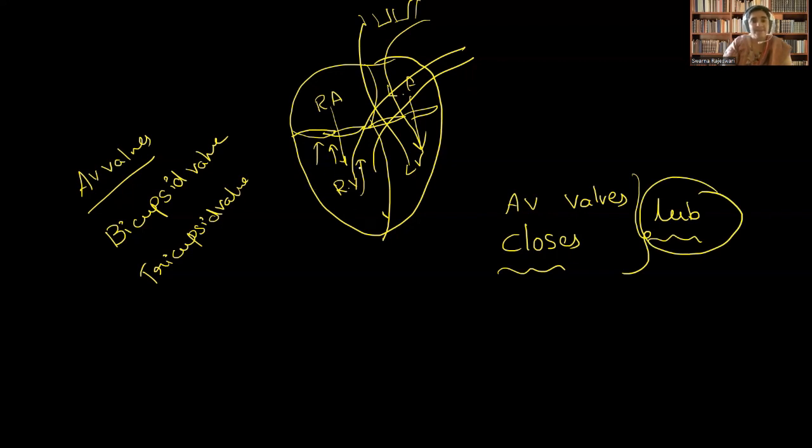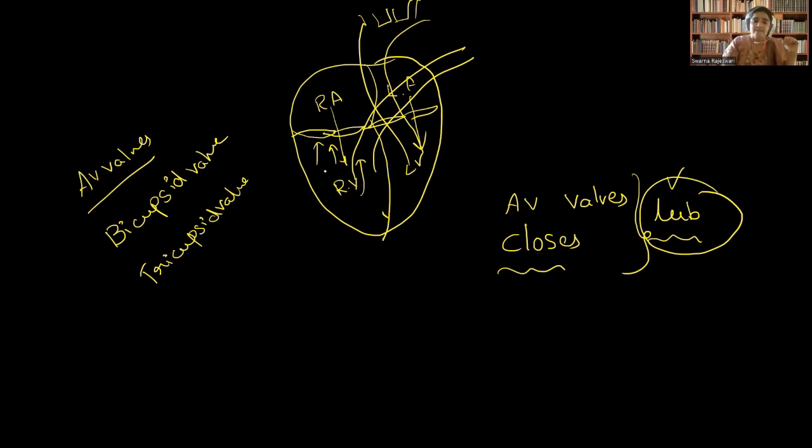When the pressure in the ventricle is increasing, it closes the valves first, because if the valves don't close, what happens? The blood from the ventricles may go into the atria again. The blood present in the ventricle has to go into the respective arteries. So the auriculoventricular valves immediately close, which is heard as the sound lub.